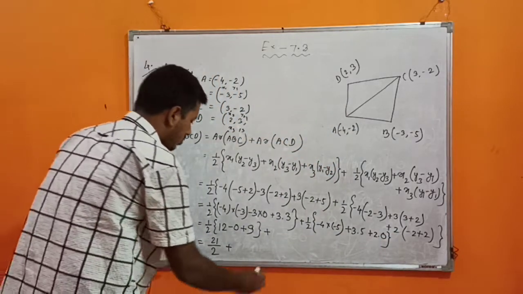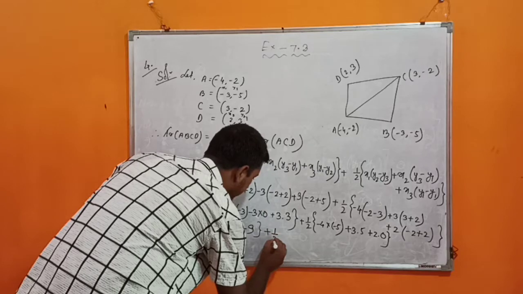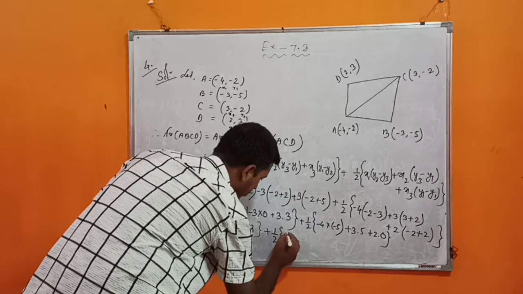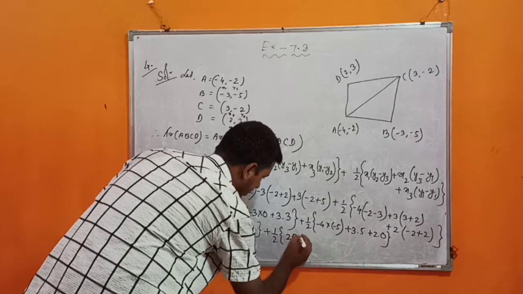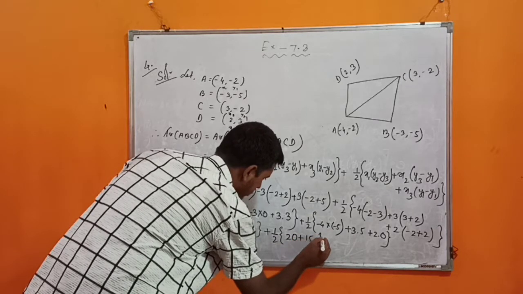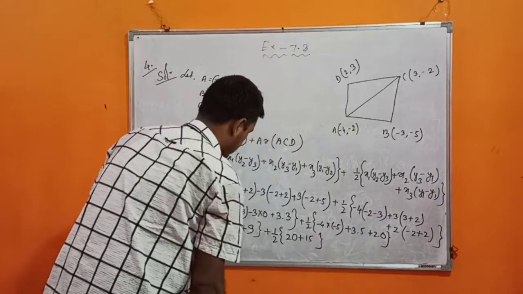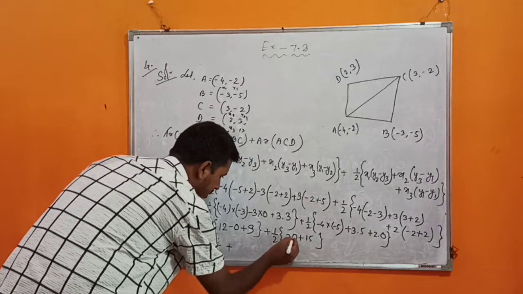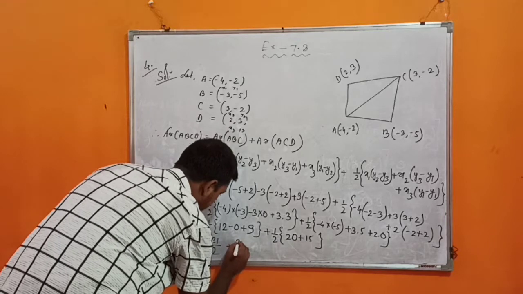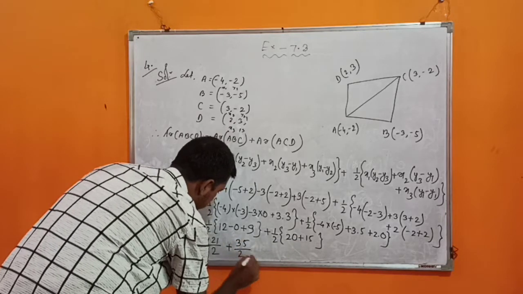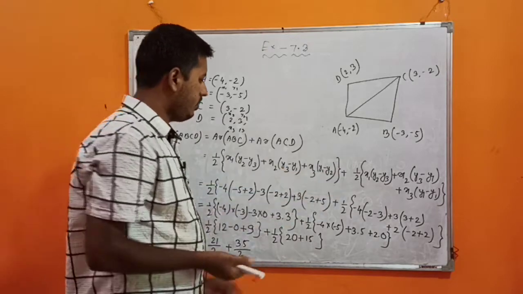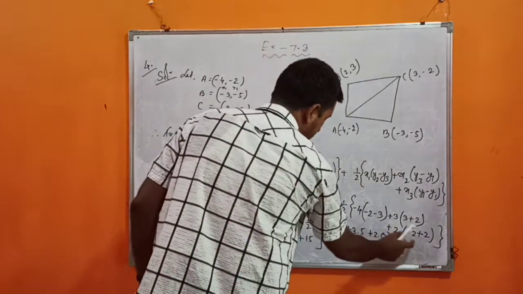Now half of minus 4 into minus 5 is 20, 3 into 5 is 15 and 2 into 0 is 0, so half of 20 plus 15 is 35, and this will be 35 by 2. If you go through this, then clearly you will be able to understand what I have written here.